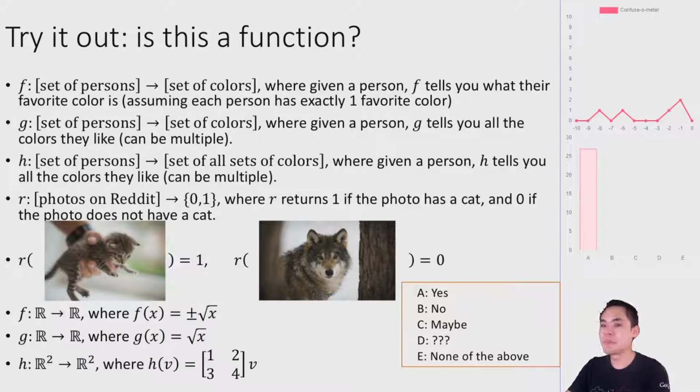What about this one? This one's a little bit more complicated. So I have some function, h, that takes something from a 2D plane to the 2D plane by this matrix multiplication. Is this a function? Yep, so this is actually indeed a function.